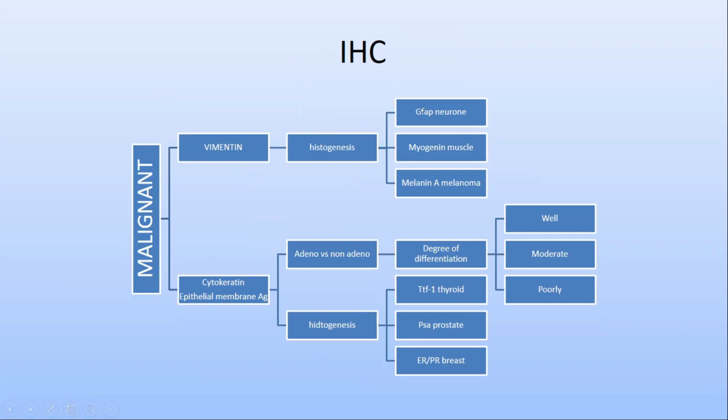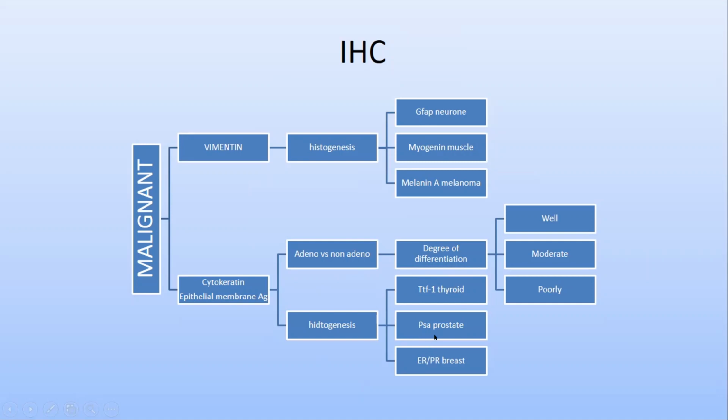We stain for GFAP; if it is positive, it is neuron in origin. We stain for myogenin; if it's positive, it's muscle in origin. If the cells are positive for Melan-A, we know it is melanoma cells. For adenocarcinoma, we again have very specific immunohistochemical staining to differentiate between thyroid, prostate, or breast.